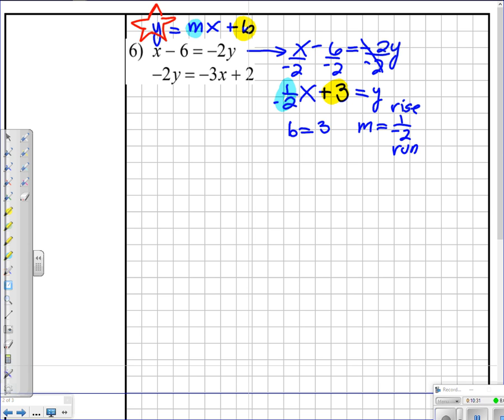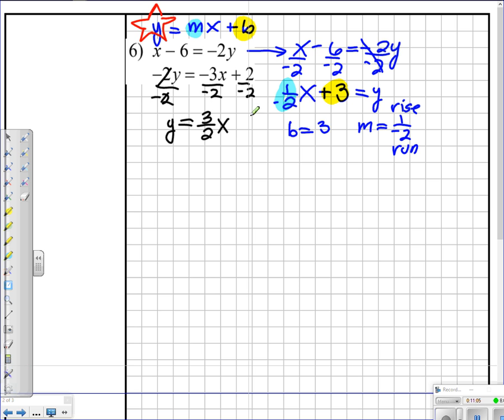Now, same thing as over here. Get the y by itself. If you notice the y is almost by itself, get rid of negative 2. This is negative 2 times y. The opposite of multiply is divide by negative 2. Do the same to the other side. These will cancel, so the answer will be y equals, negative divided by negative gives positive, 3 over 2x.